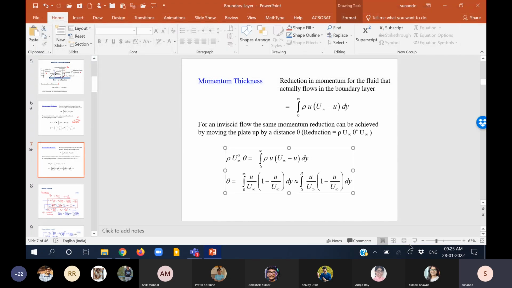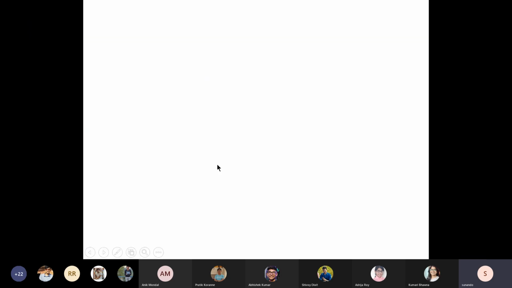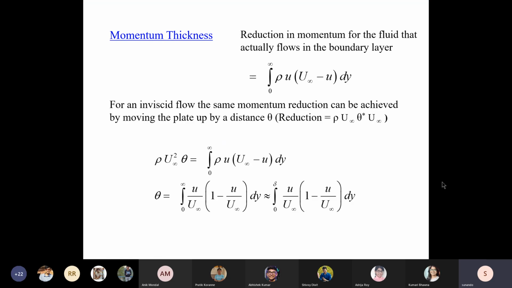So this is essentially then the definition of the momentum thickness.